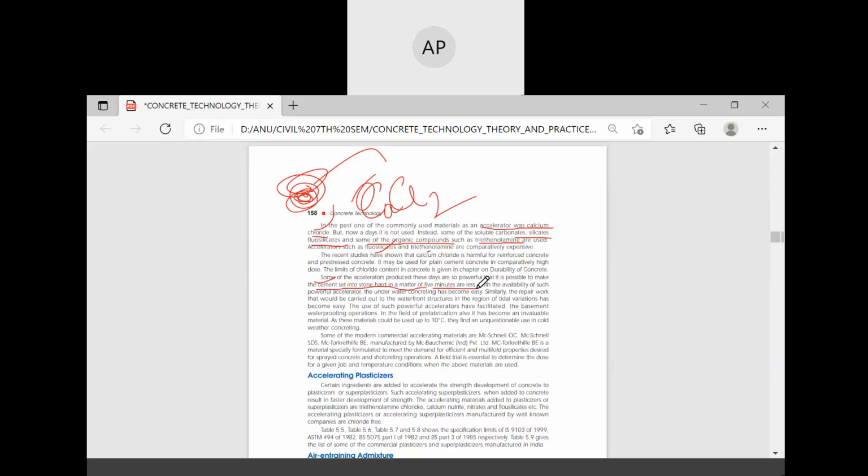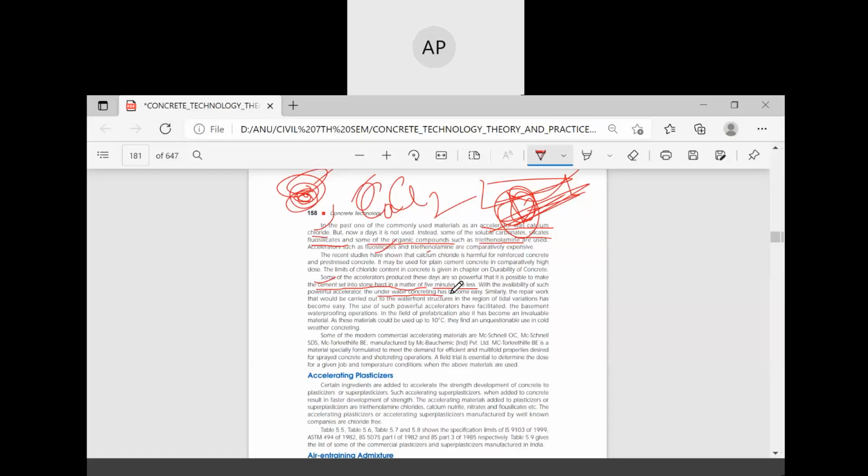With the availability of such powerful accelerators, underwater concrete work becomes easy. Suppose there is a river and you have to construct a bridge quickly, within one month. Suppose your foundation part has to finish within 1 month.